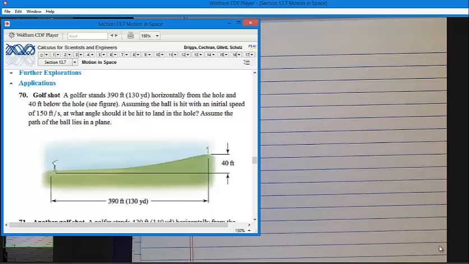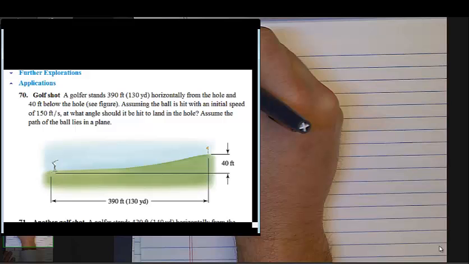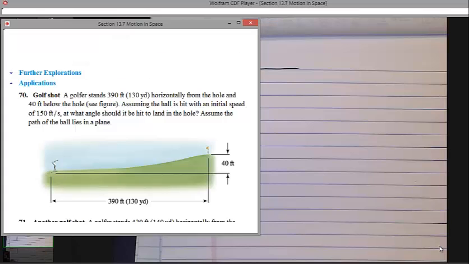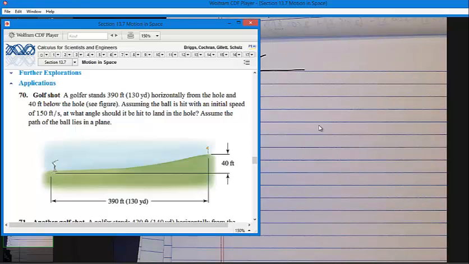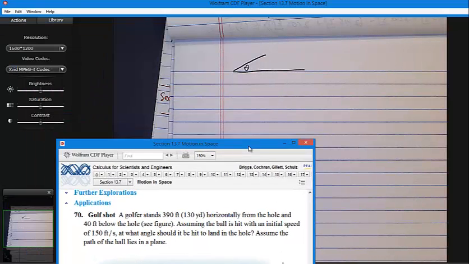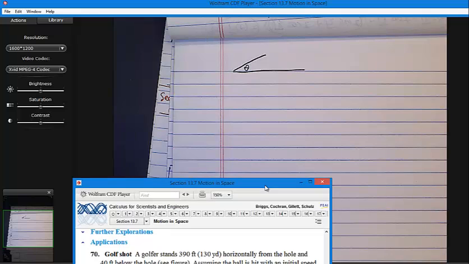So, what angle should it be hit to land in the hole? Okay. And so, we're picturing theta for my angle. Is that okay? Well, right now I can't see anything, so let's move that. Okay.